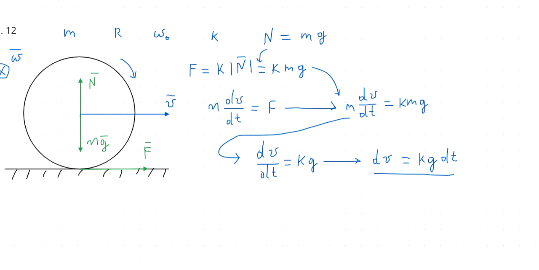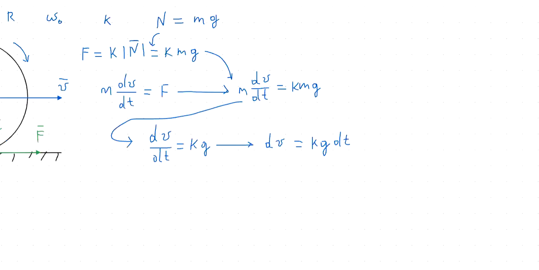So we have v on the left side and we have t on the right side. It means that our variables are separated, and that we can integrate this differential equation.